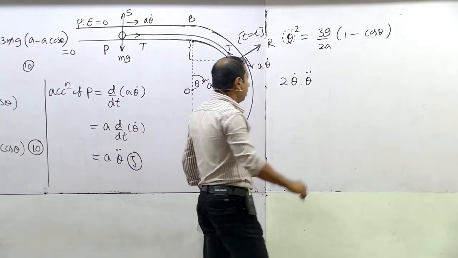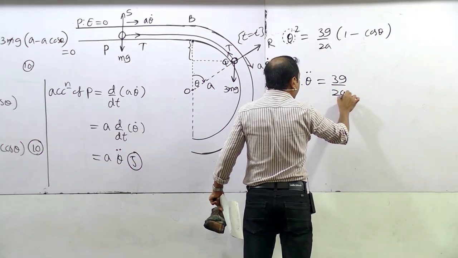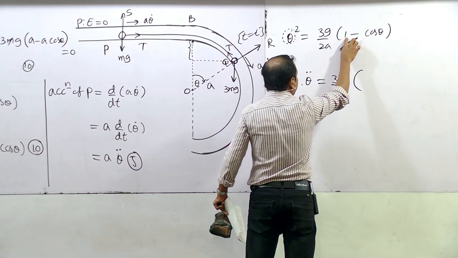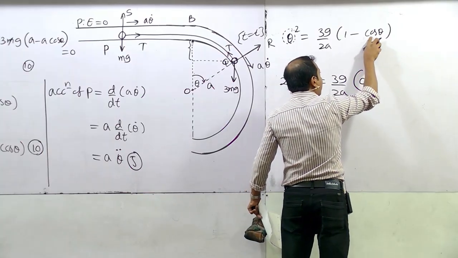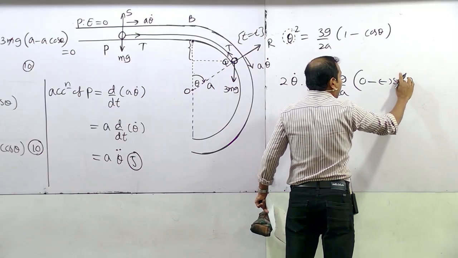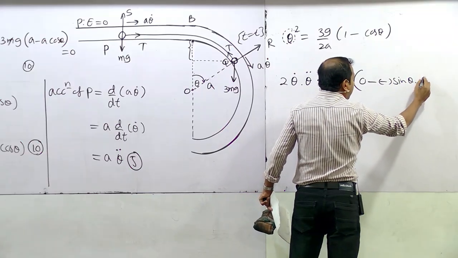Right hand side, 3g over 2a is a constant. Now go inside the bracket. First we have 1 is a constant, derivative 0, minus, first differentiate cos. When we differentiate cos, we get what? Minus sine theta, then differentiate theta with respect to time t is theta dot.